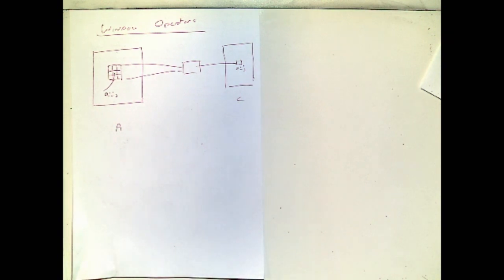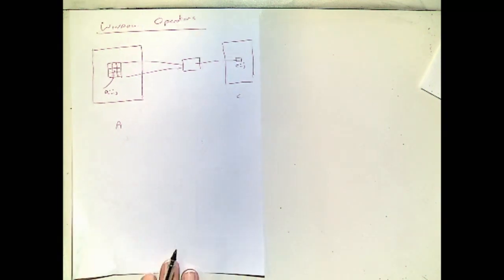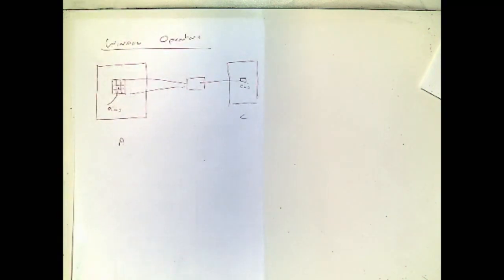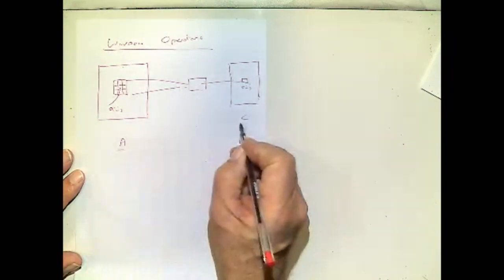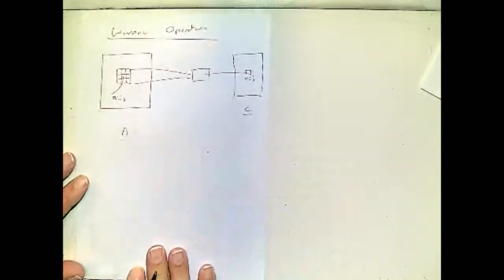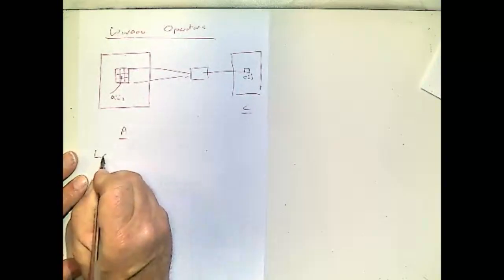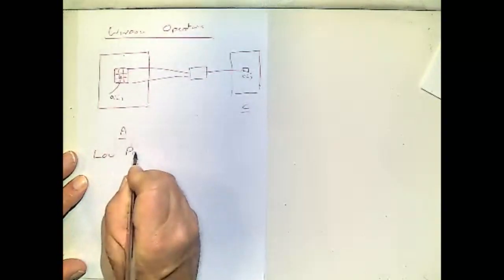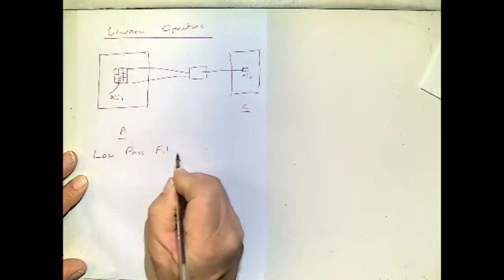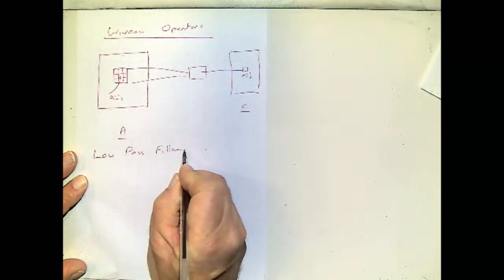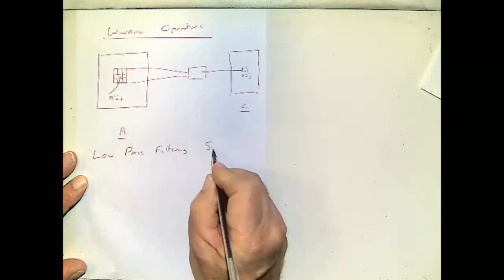This is going to lead us to filtering operations, edge detection operations. They are all window operators. So the first window operator I want to look at is low pass filtering, and this is often referred to as smoothing.